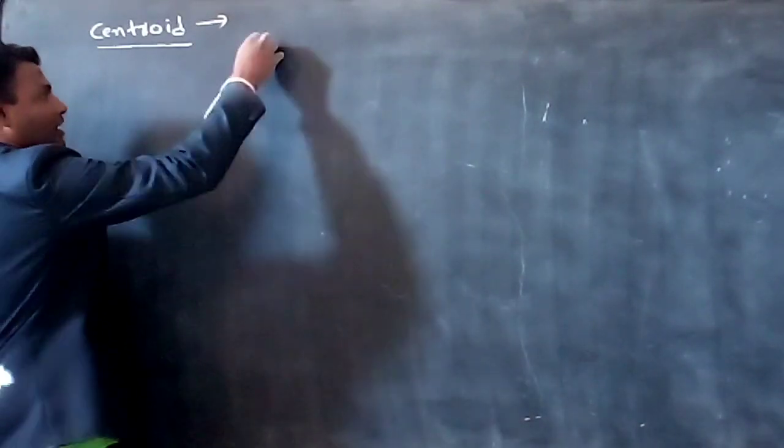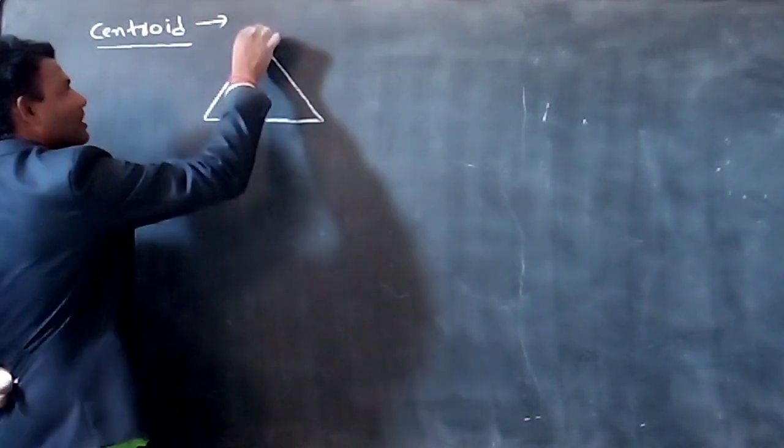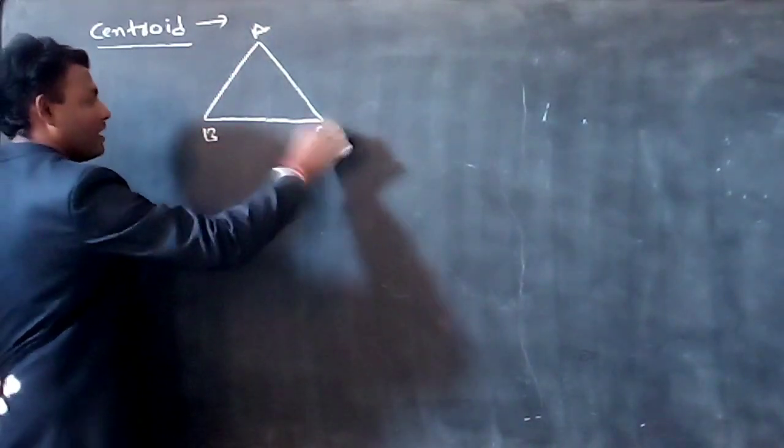Okay. Our next topic is the centroid. So first of all, what is the centroid? You take one triangle, that is nothing but triangle ABC.